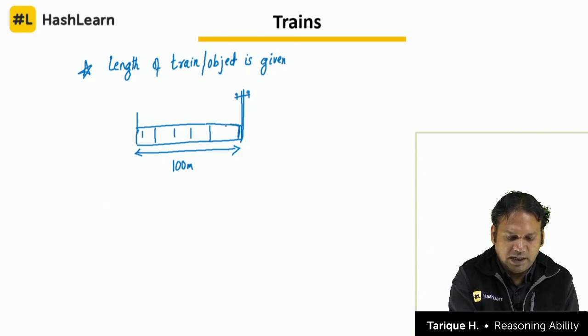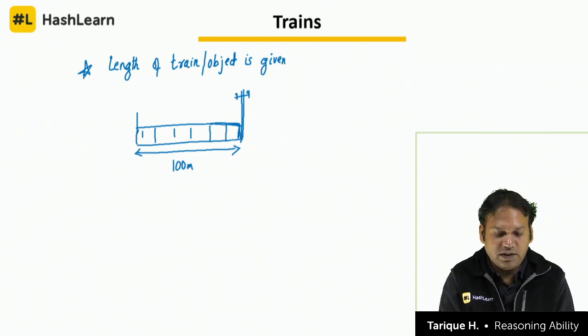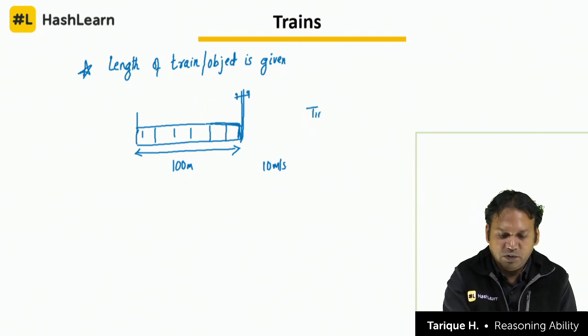How much time will the train take to cross this pole? It depends upon the speed of the train. Suppose the speed of the train is 10 meters per second. So, what is the time taken to cross the pole?